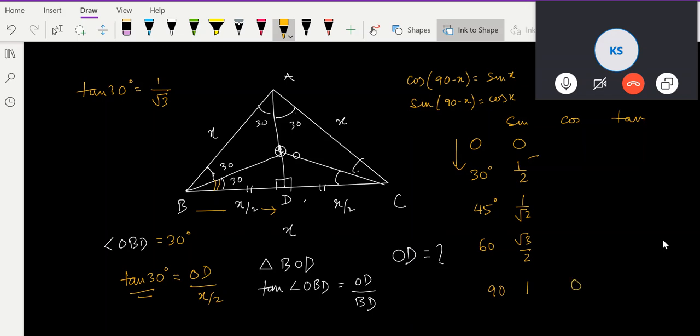It is the reverse way. So cos of 60 will be half, cos 45 would be 1 by root 2, cos 30 would be root 3 by 2, cos 0 would be 1. This is this way, this is this way, right?